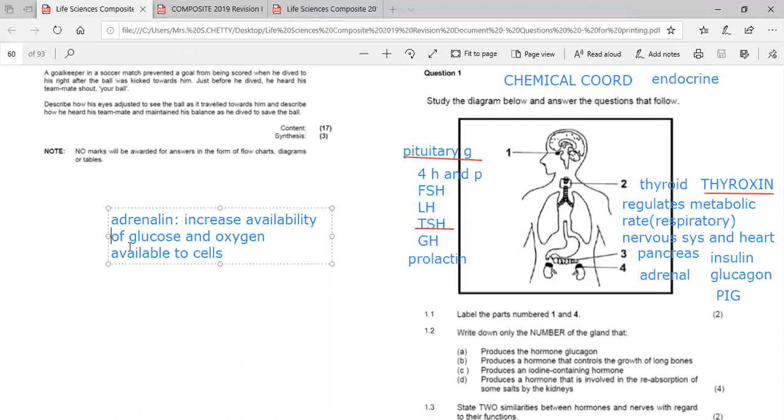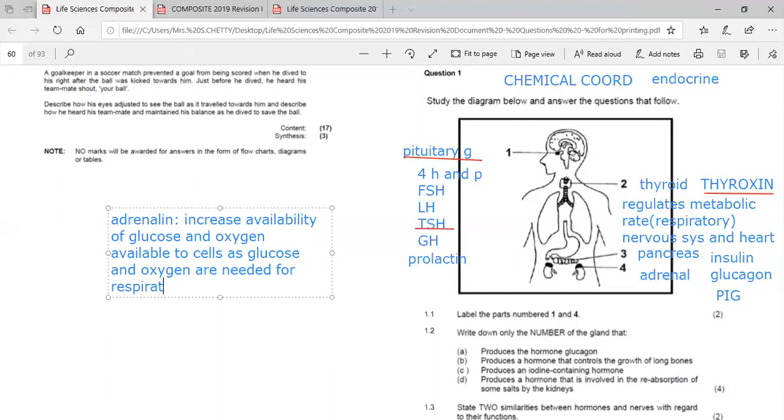By the way, you've got to understand why glucose and oxygen too, isn't that so? Because glucose and oxygen are needed for, you tell me, you learned about this even in as young as grade 8, respiration.